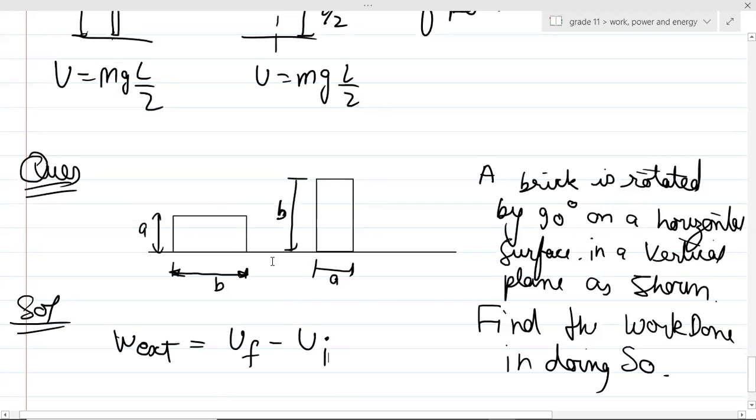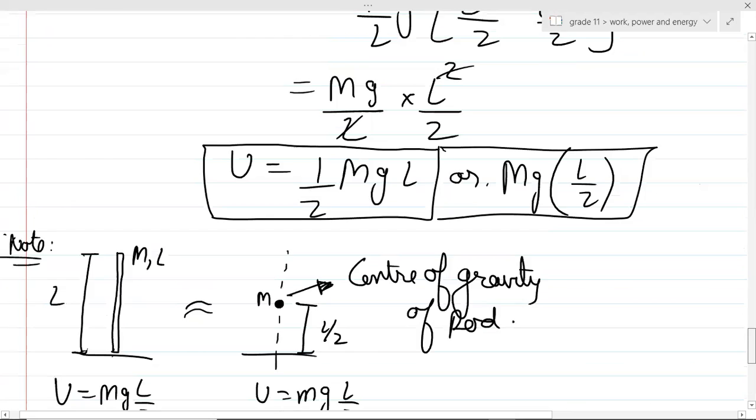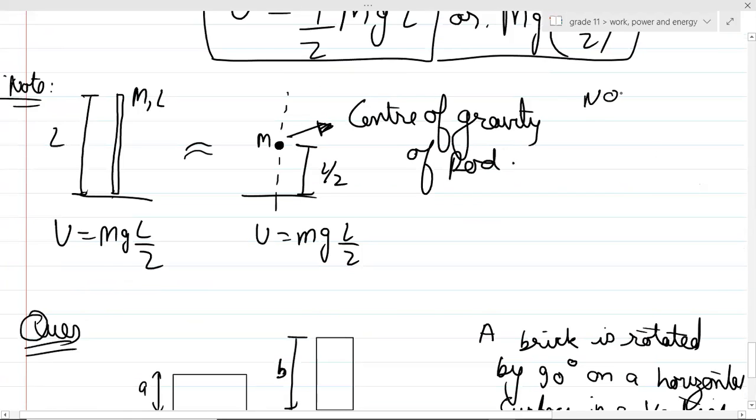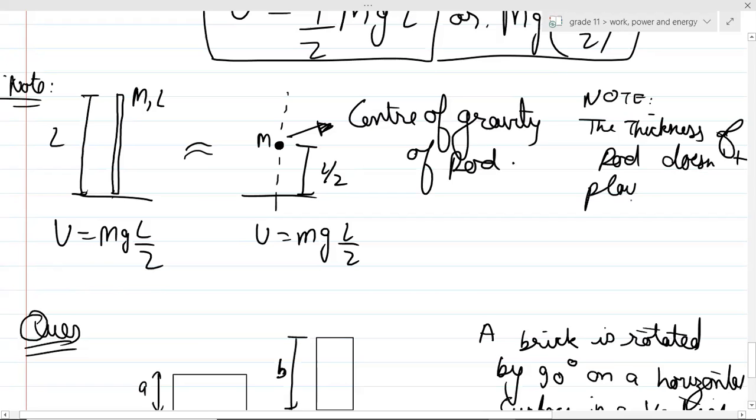Okay. What will be the initial potential energy? Can you see this will be acting just as a rod, right? I told you that the thickness doesn't matter. So please know the thickness of a rod doesn't play any role.